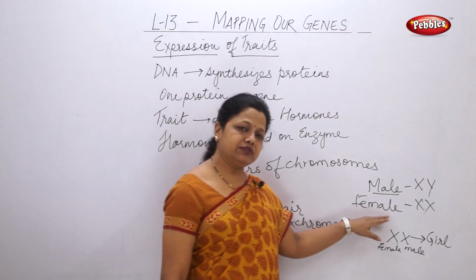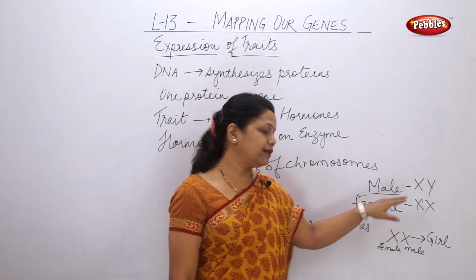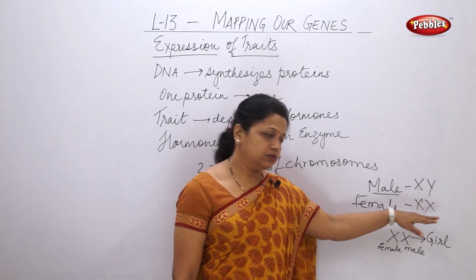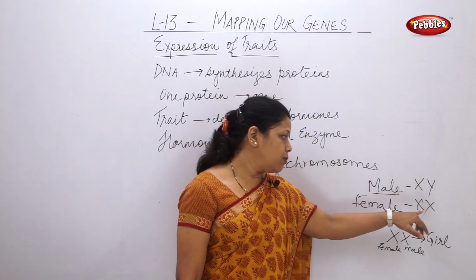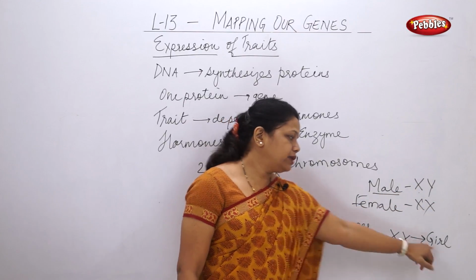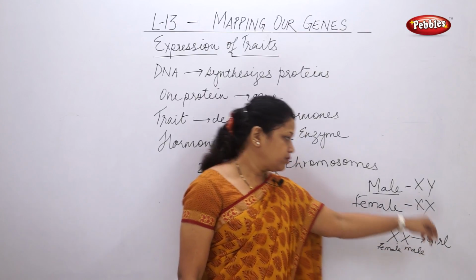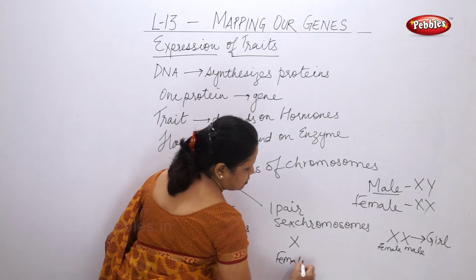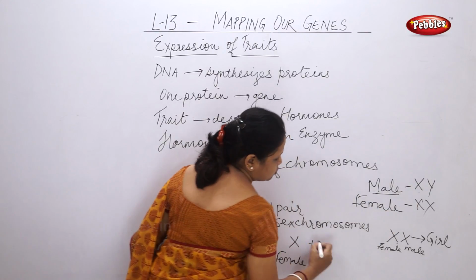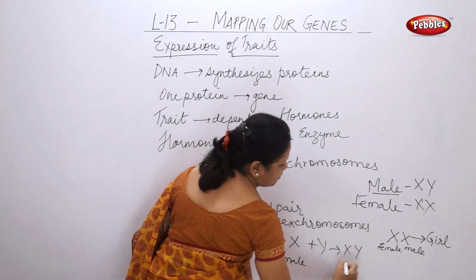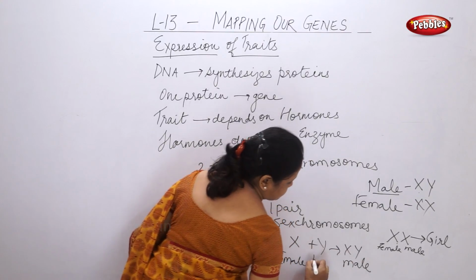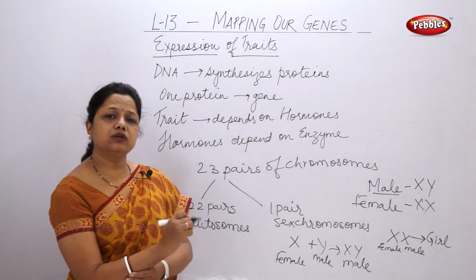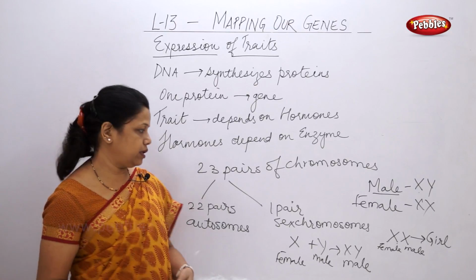The X from the female is already there, because the female carries only X chromosomes and the male carries X and Y chromosomes. The X chromosome from the male combines with the X chromosome of the female, it will form a girl child, and the X chromosome from the female plus the Y chromosome from the male forms a male child. This is how the determination of sex is happening inside the body.